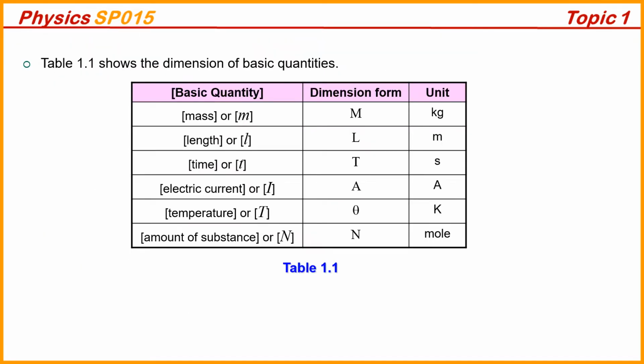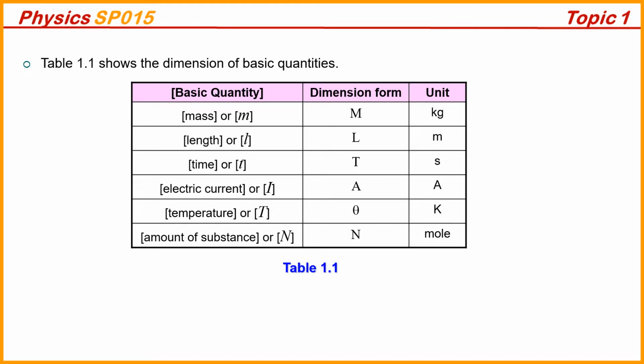Table 1.1 shows the dimension of the basic quantities. For mass, the dimension is represented by the capital letter M. For length, the capital letter L. The dimension for time is represented by the capital letter T. For electric current, the symbol of electric current is I, but the dimension for electric current is represented by the capital letter A. For temperature, the symbol for temperature is capital T, but the dimension symbol is represented by theta.